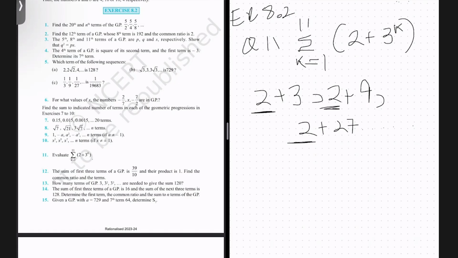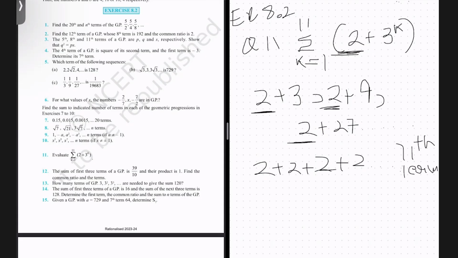So when you separate these terms, you have 2 added up 11 times. So the first term of this sequence addition is going to be 2 plus 2 plus 2 plus 2 and so on and so forth until 11 terms, right?